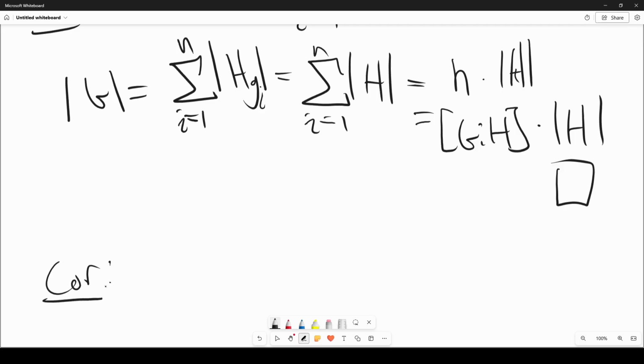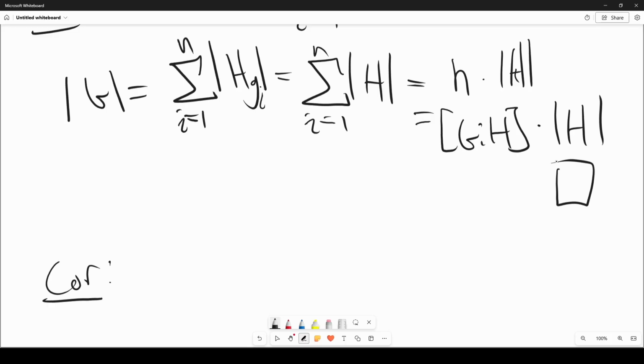The thing you should get from this, which is one of the most used ideas, is very helpful. If you have the size of H, you can figure out its index, the number of cosets. If you have the number of cosets, you can figure out the size of H just from the group.